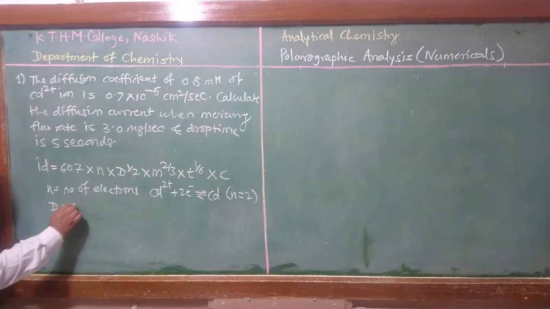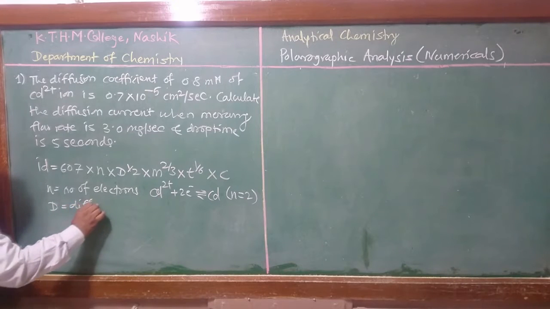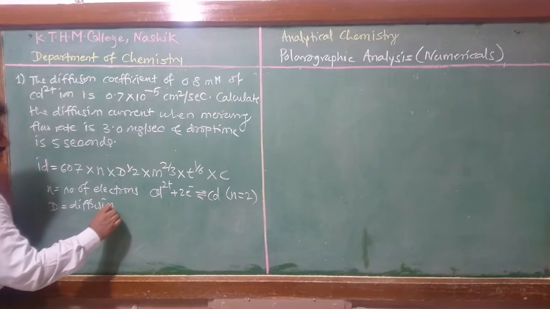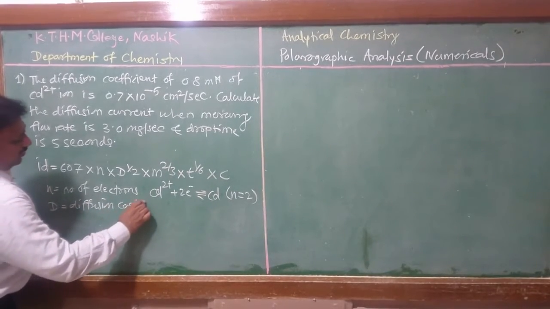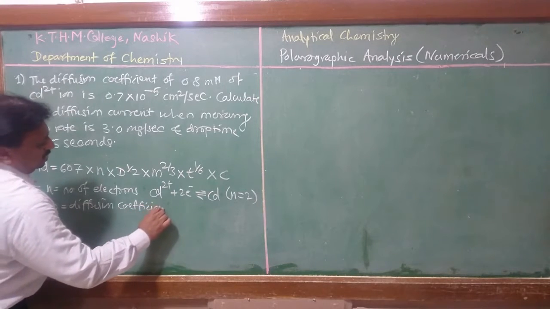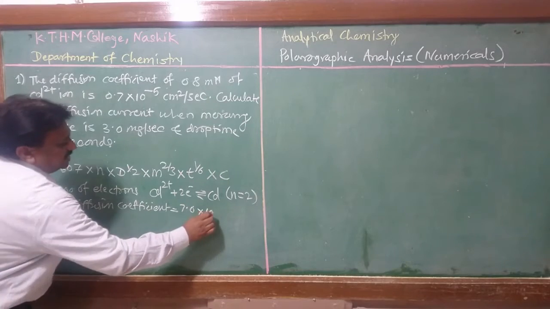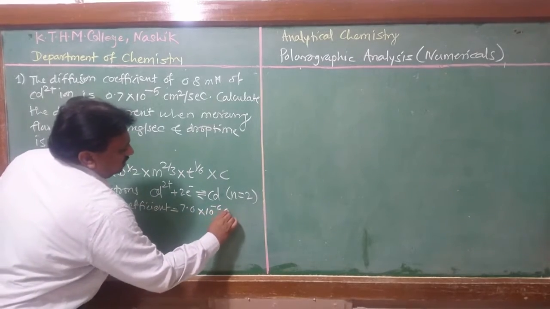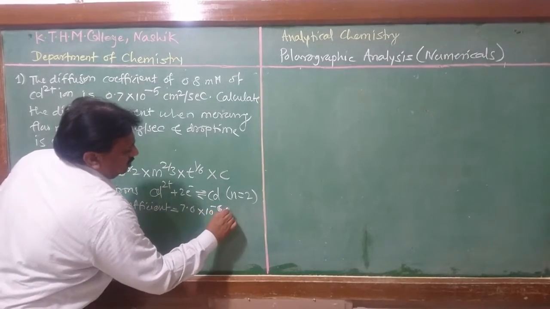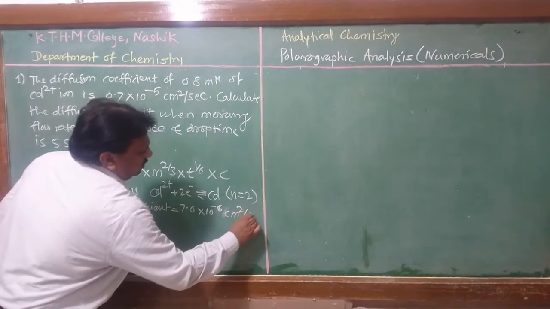Here D is the diffusion coefficient and its value is given, that is 7.0 into 10 raised to minus 6 square centimeter per second.